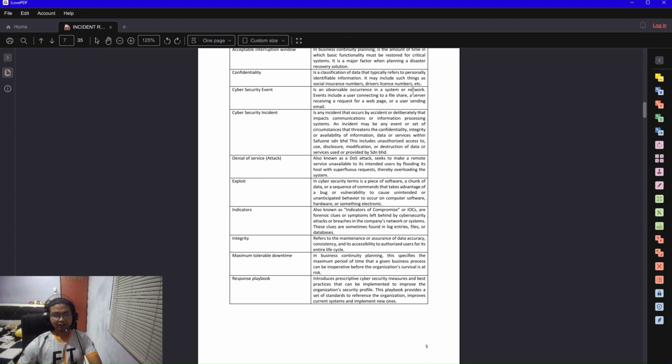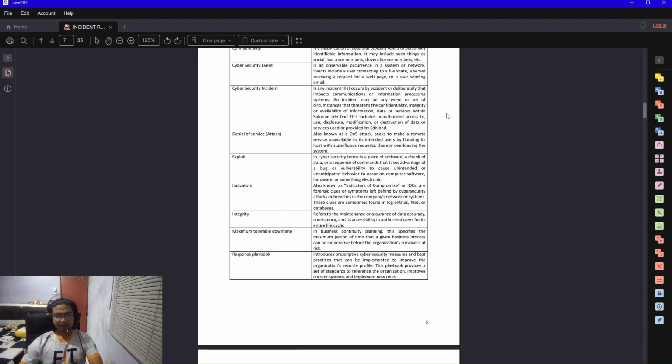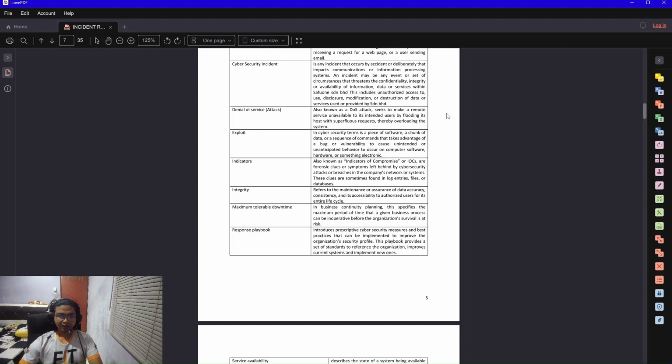Confidentiality is a classification of data that typically means it needs to be kept secret. A cybersecurity event is an observable occurrence in a system or network. A cybersecurity incident is any incident that occurs by accident or deliberately that impacts communications or information processing systems.